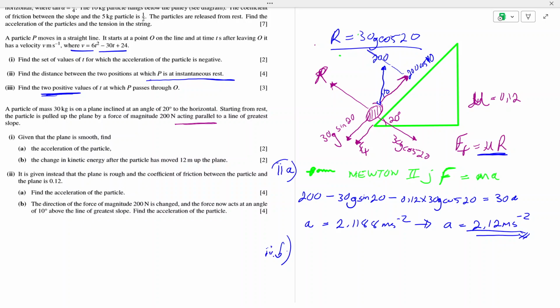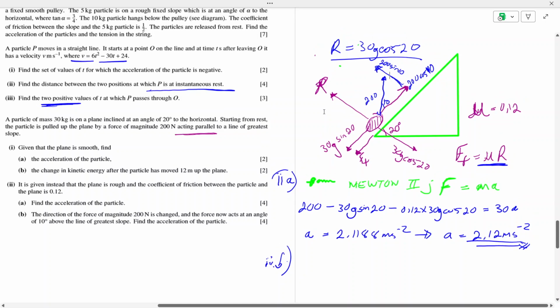And then we have this force right there. Let me just label this as 200 here. Then we have the component, right? The vertical component of the 200 Newton force is going to be equal to 200 sin 10, like that, right? How does it affect our equation?